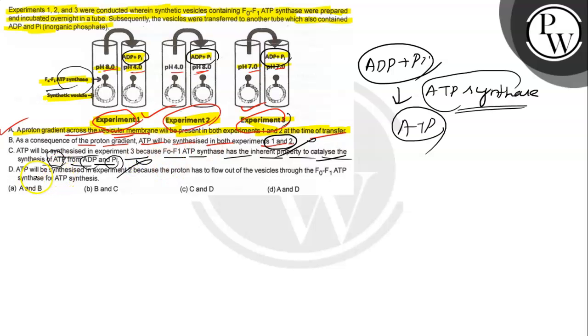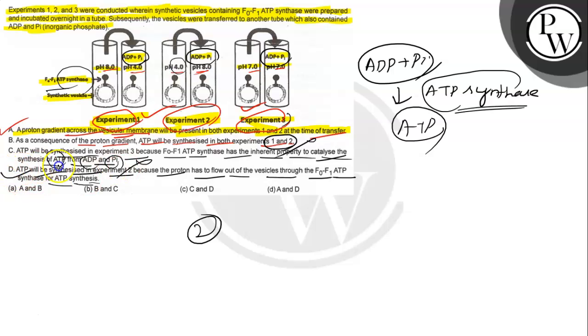D is given that ATP will be synthesized in experiment 2 because the proton has to flow out of the vesicle through the F0, F1 ATP synthase for the ATP synthesis. So this says that ATP will be synthesized in experiment 2, that is it has pH 4 and this has pH 8, because the proton has to flow out of the vesicle through the F0, F1 ATP synthase to form the ATP.